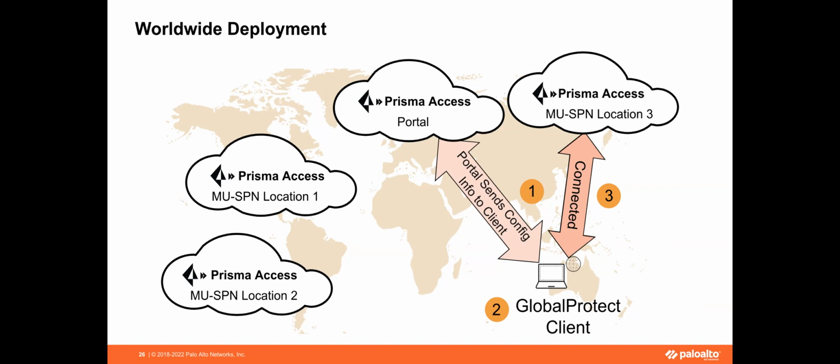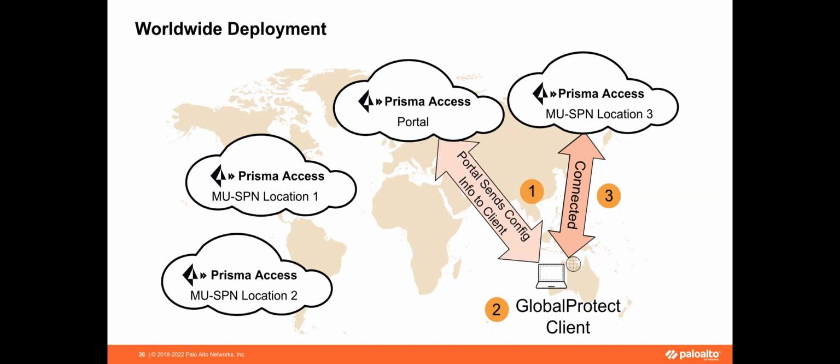So for example, as you can see here, the GlobalProtect client first contacts the Prisma Access portal. After the client is authenticated, configuration information is sent back to the client that includes a list of available MUSPNs. The client attempts a connection to each of the available MUSPNs as described.